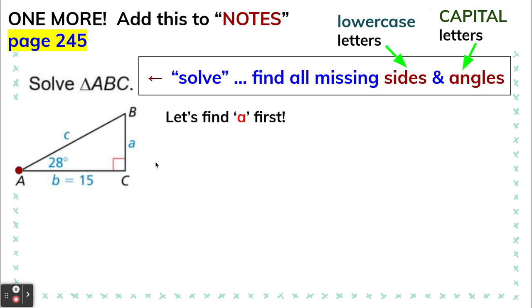Okay? So since I made that decision, I am going to now label either hypotenuse, adjacent, or opposite. Since I'm looking for side length A, in response to this angle that is across from, so opposite to the angle, this side I would label opposite, and the side length that is given here is adjacent. So I'm going to go ahead and label the adjacent and the opposite.